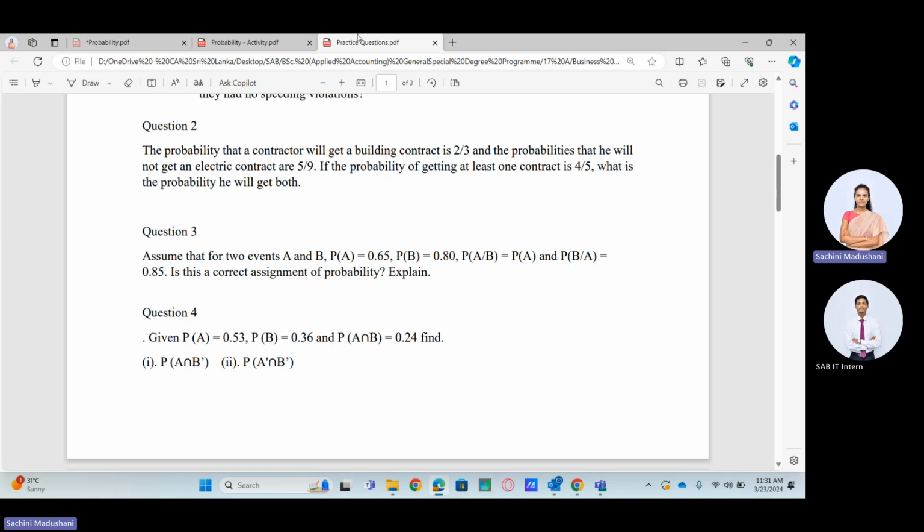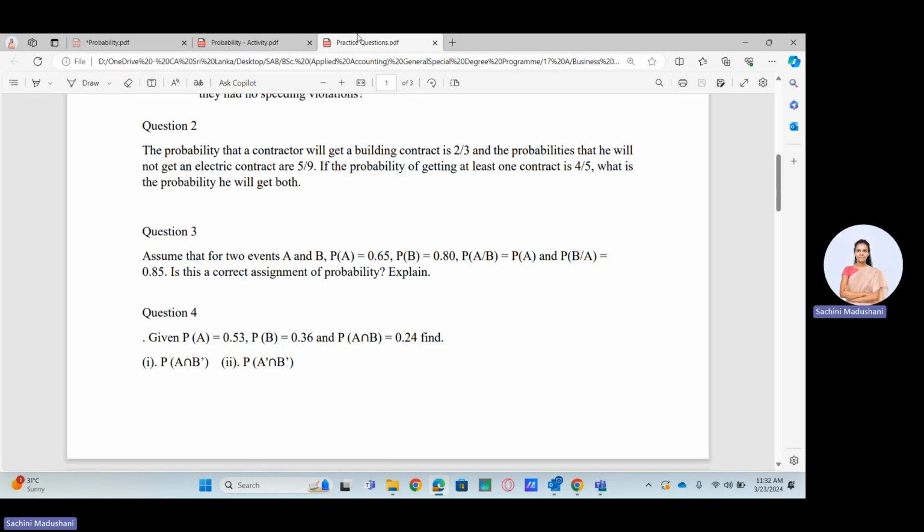B dash is not including the B. Then what can we say? A intersection B dash means A only. A dash intersection B means B only. Then how to calculate A only? Probability of A minus the intersection of A and B. Then we have it. Finish it.